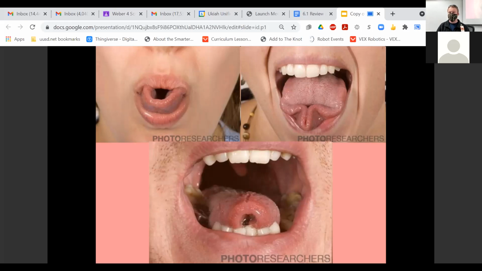Some people just flat out can't roll their R's. It's really interesting, right? She just can't roll her R's. Yeah, it's because her tongue doesn't roll that certain way.